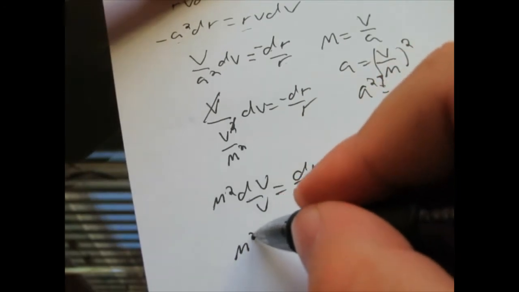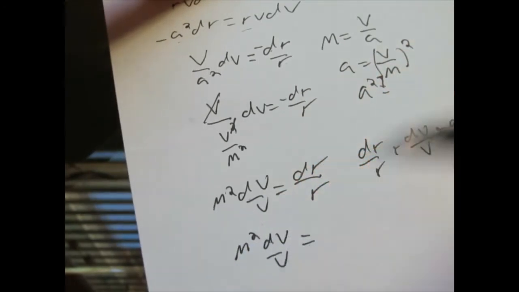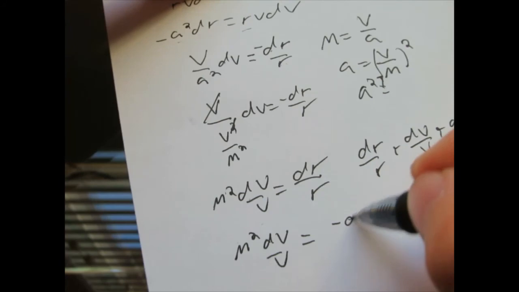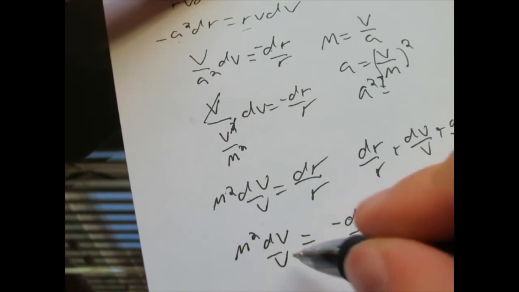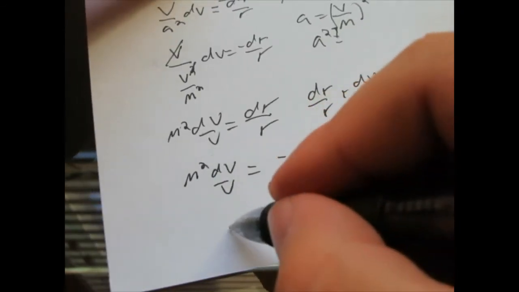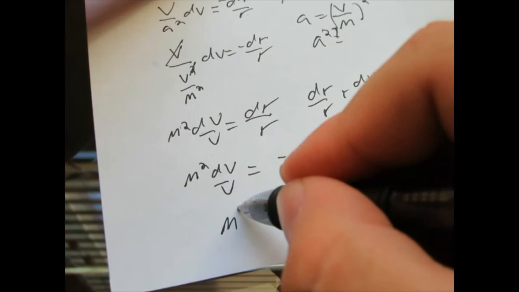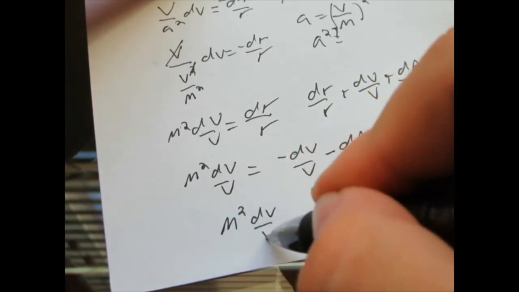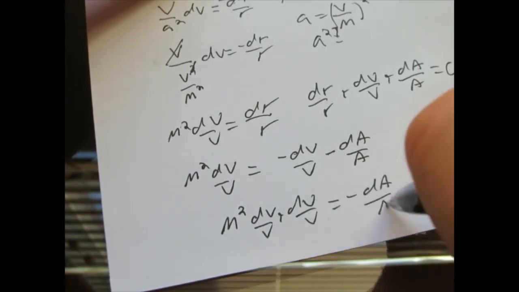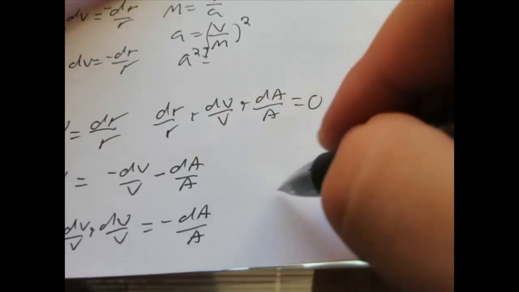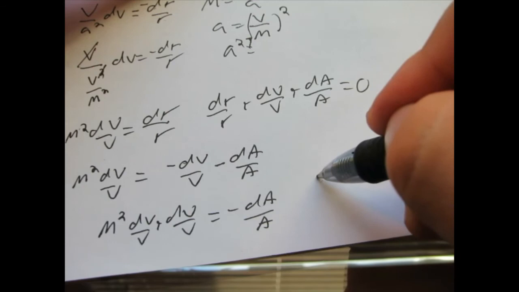So we have M squared dV over V equals negative dV over V minus dA over A. Then moving this to the other side, we're left with M squared dV over V plus dV over V equals negative dA over A. Then finally, group like terms.